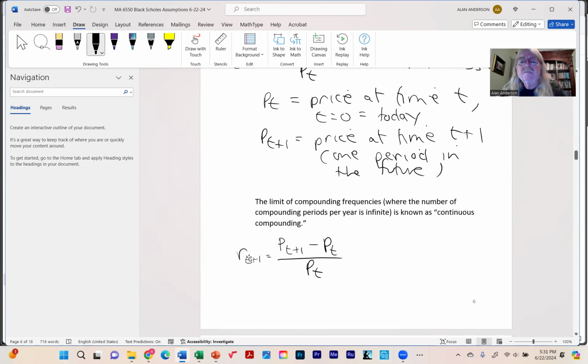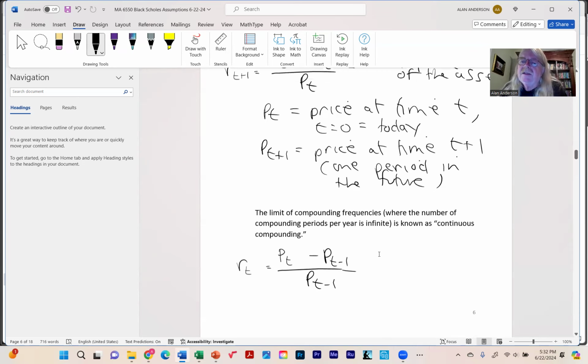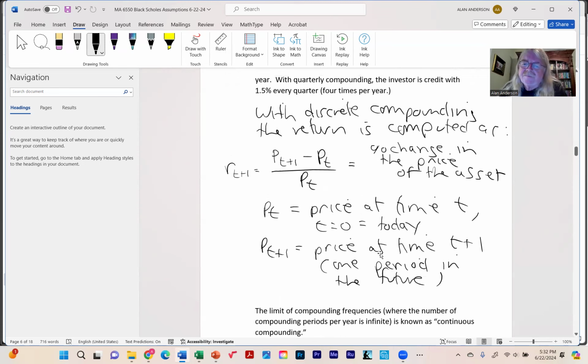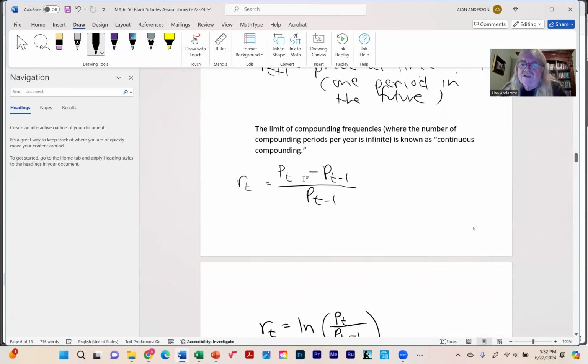But sometimes what you'll see is this instead. You can see it's the same thing. It's just that you're thinking of t as the time at which you sell the asset, and t minus 1 is the previous period when you bought it. So it gives us the same thing. It's a percentage change, but every book is a little bit different. Now, Hull's book usually does it this way.